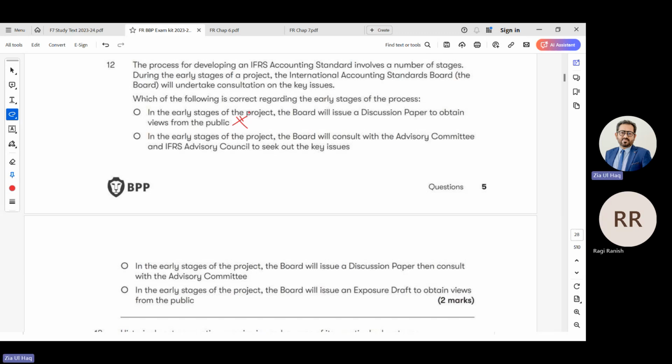No, after discussion paper, they need to issue exposure draft. Advisory committee will be consulted before discussion paper. In the early stage of project, the board will issue an exposure draft to obtain views from the public. No, this is not the early stage. I think B is the correct option.